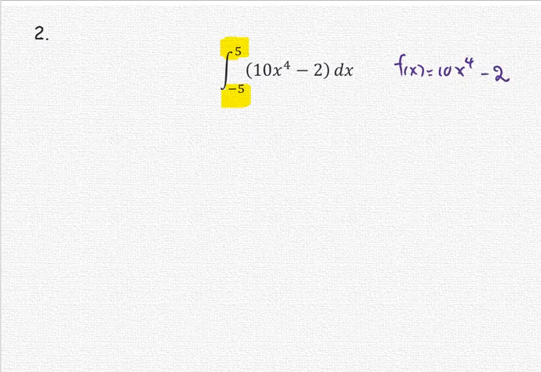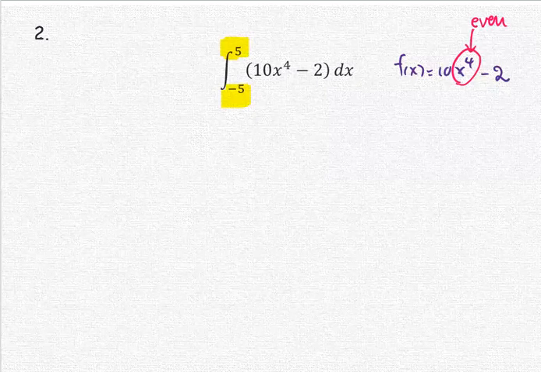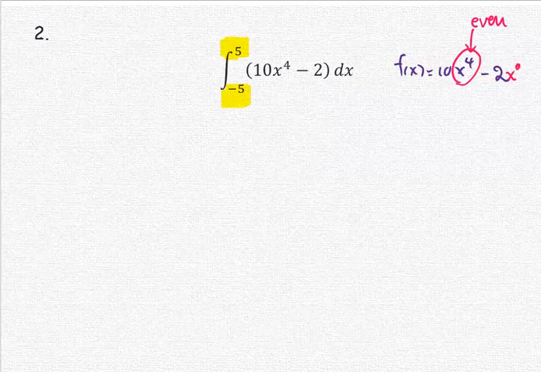The coefficient is okay; we just consider the power. For the power 4, x to the fourth, that is an even number. The first part is even. Check the second part. The quick way: a constant means multiplying by x to the power 0, which is also an even function. Both of them are even.